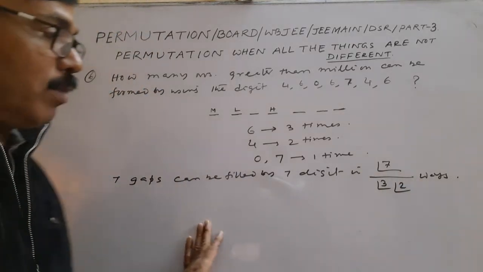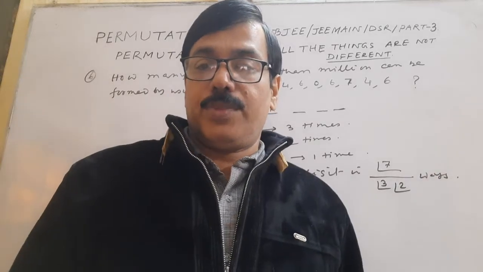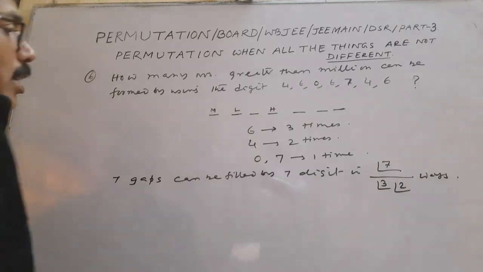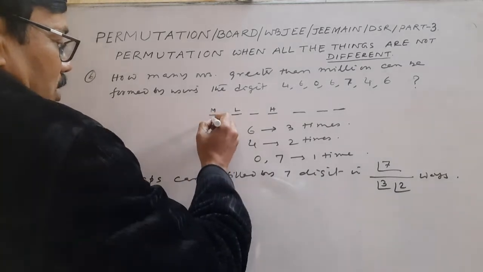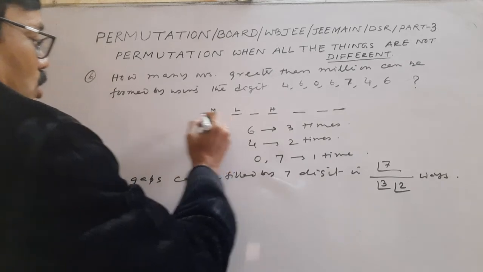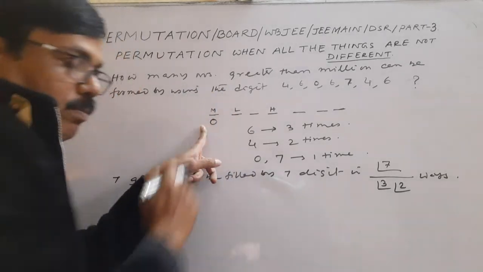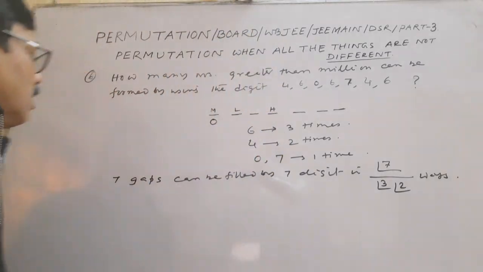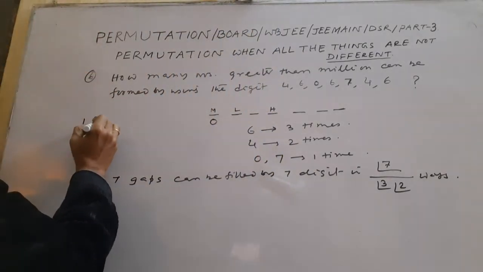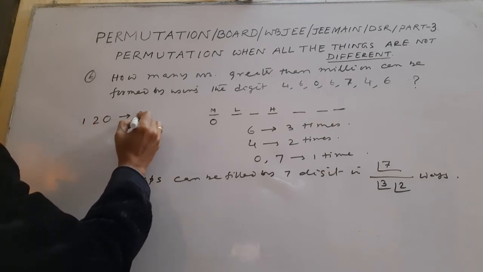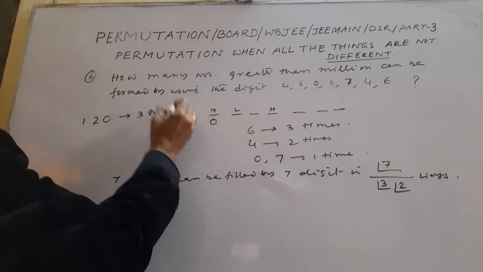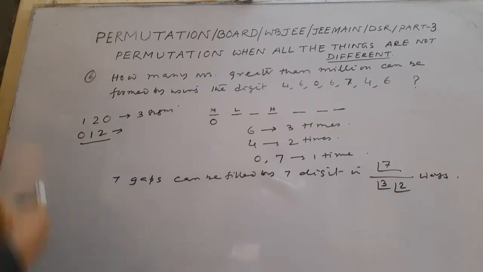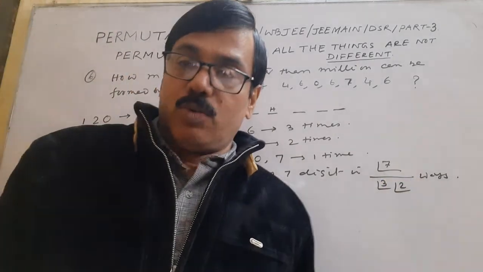But look, out of these ways, there are some cases in which 0 occupies the first place, that is the million place. If 0 occupies the million place, then this is not a 7-digit number. For example, 120 is a 3 significant-digit number, but 012 is not 3 significant, this is 2. So this is the total ways.